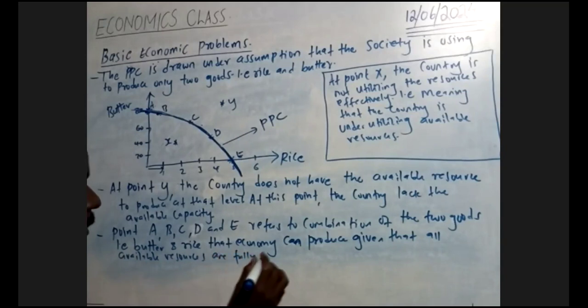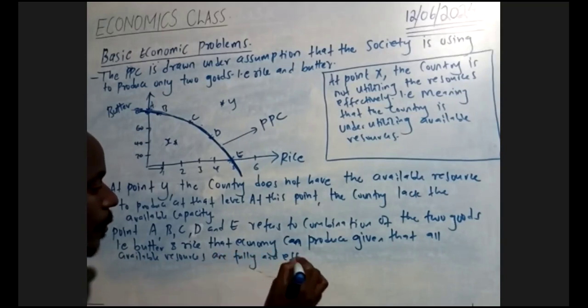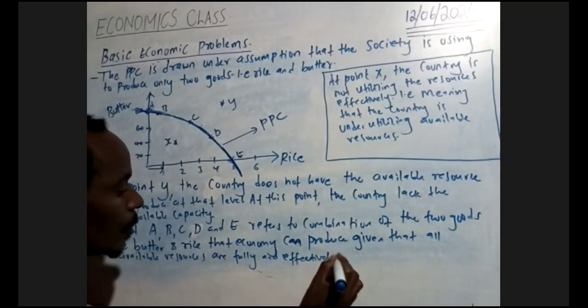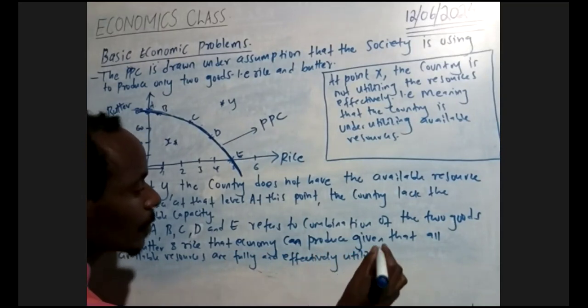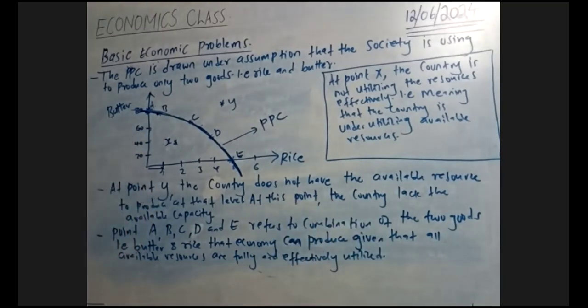So points A, B, C, D, and E refer to the combination of the two goods, butter and rice, that the economy can produce given all the available resources.